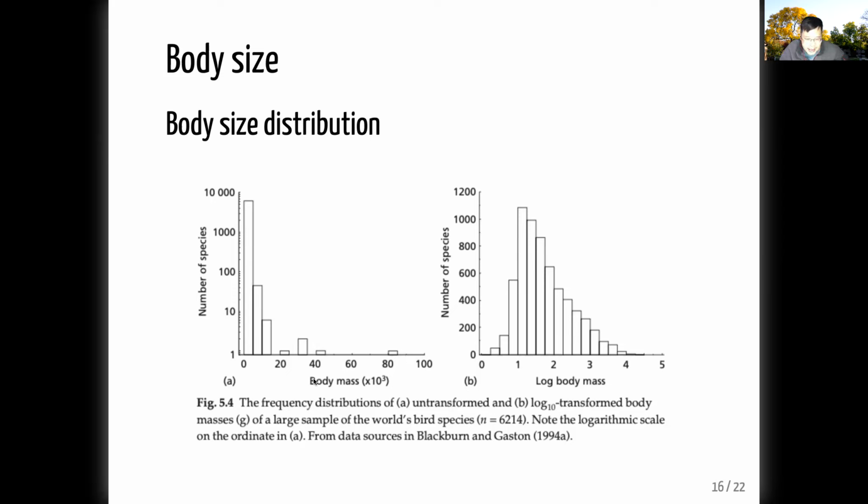So the x-axis is the body mass, and the unit is gram. So 80 means 80 kilograms here. We can see very few birds are more than 80 kilograms, but a lot of them, thousands of them, are less than 10 kilograms here.